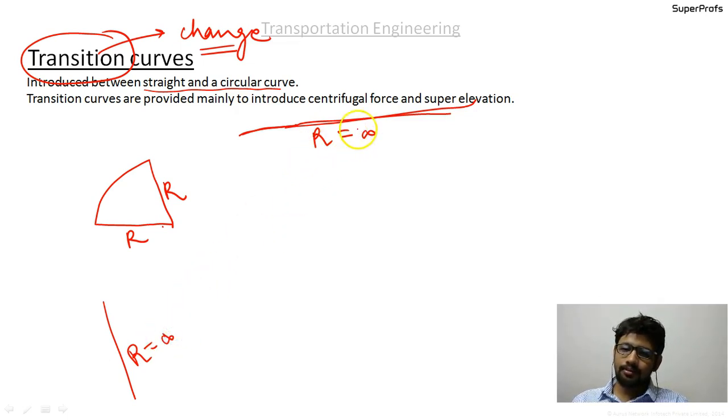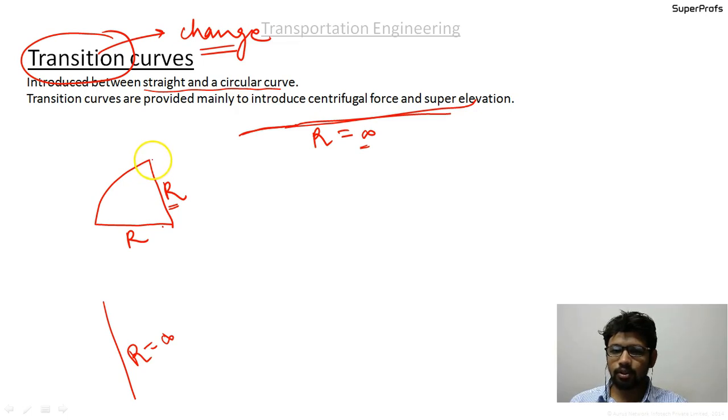So in order to attain this curve having a definite radius r, between the radius of infinity and the finite radius r, there has to be something. There cannot be a sudden change from infinity to the radius r. There has to be a gradual change.